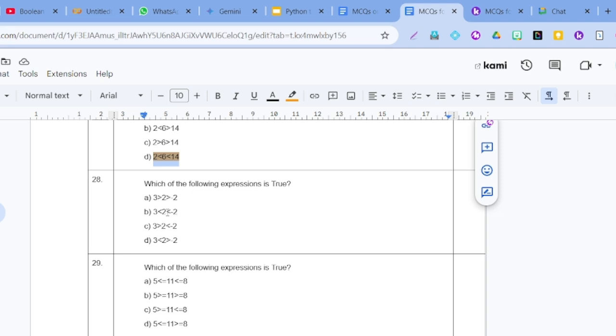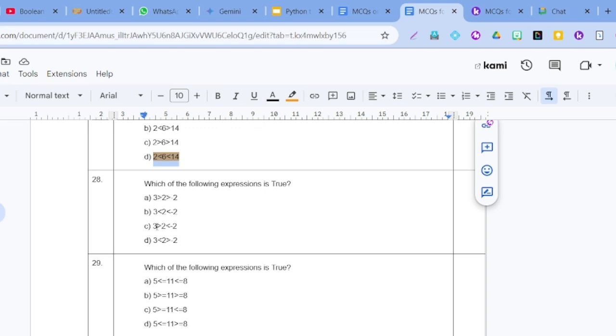Now next one is 3 greater than 2, true, and 2 greater than minus 2, this is also true, and that is why I think this option looks true. 3 greater than 2 and 2 greater than minus 2, so this option is correct.